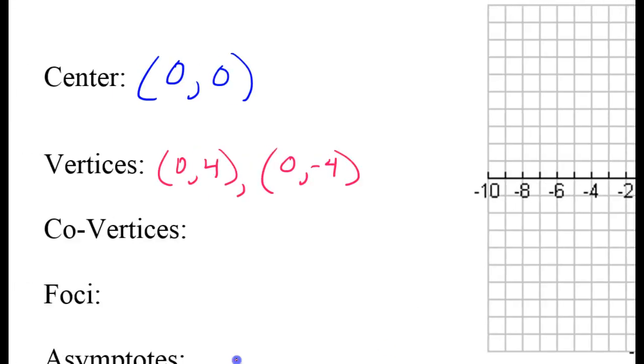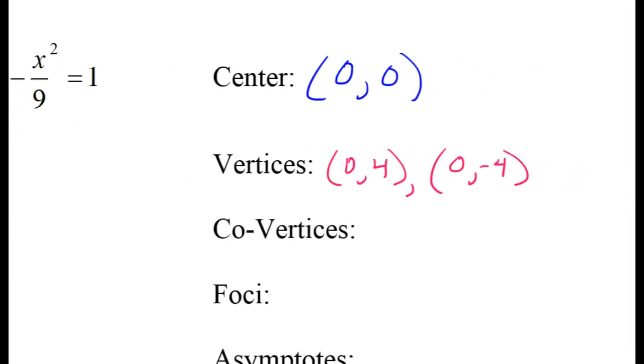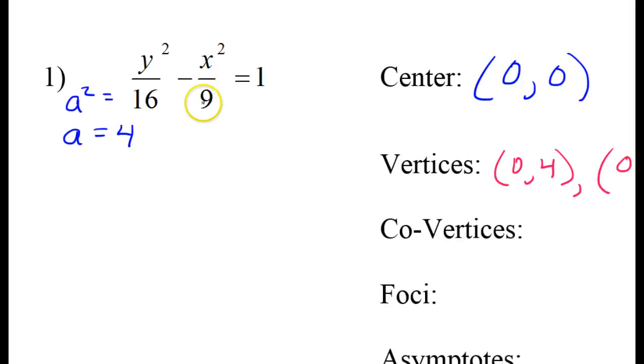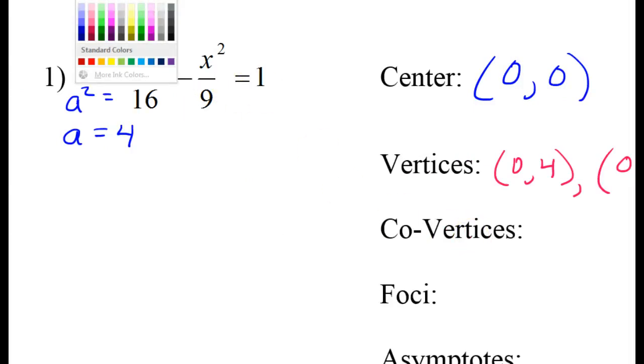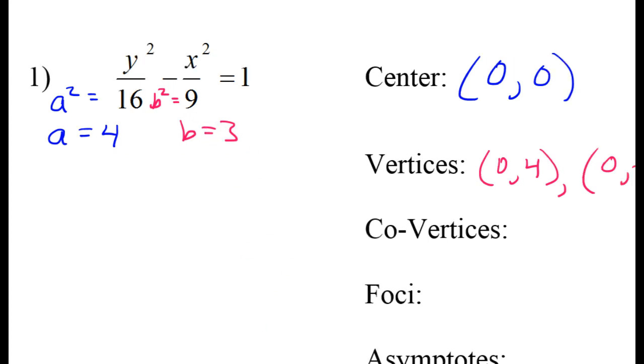Okay, now the covertices, which are not actually on the hyperbola, but I guess we're still going to call them covertices, are going to come from the b value, which in standard form, the b value will always be second. It'll always be the denominator of the negative term. So this is b squared. So that means that b is equal to 3. For hyperbolas, sometimes b will be bigger, so watch out for that.